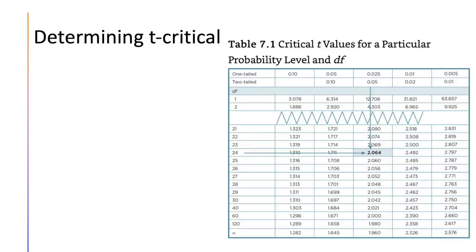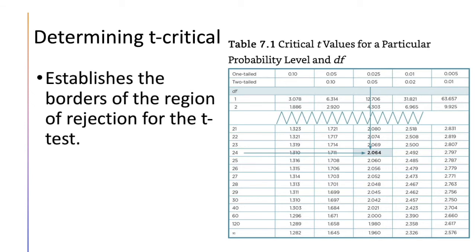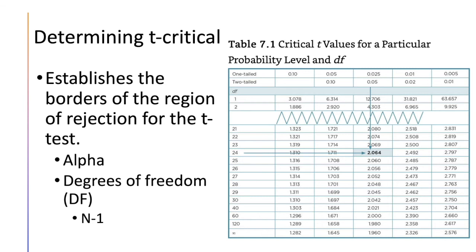Having selected our alpha, we use it to establish our region of rejection by determining our t critical. Now I'm going to walk you through this table 7.1 in your text when we walk through the calculation. But I want to remind you that the t critical value is the border of our region of rejection. We need table 7.1 to figure it out, along with the alpha and what's called the degrees of freedom, which is our n, big N, minus 1.